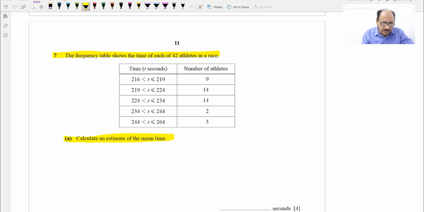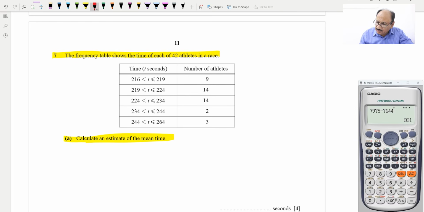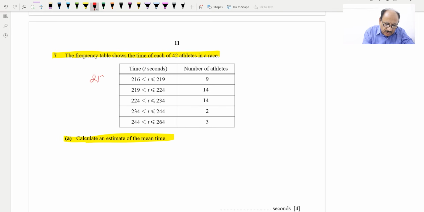To calculate the mean, we will take the mid-range values. For the first, we take 216 plus 219 and divide by 2, which is 217.5.